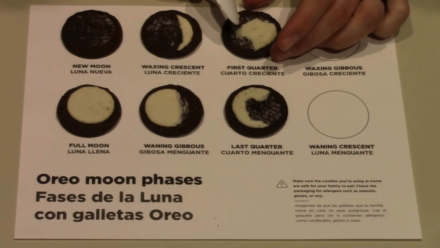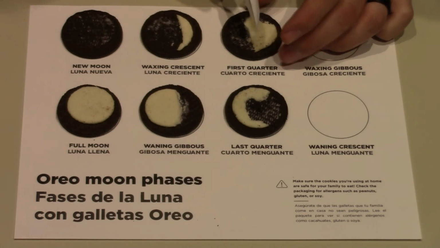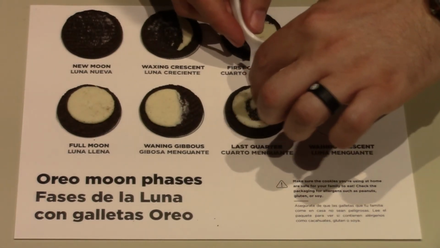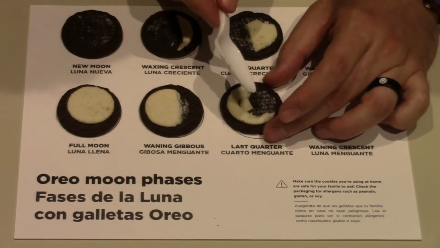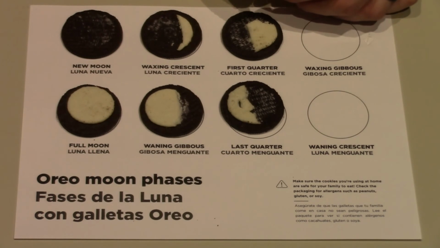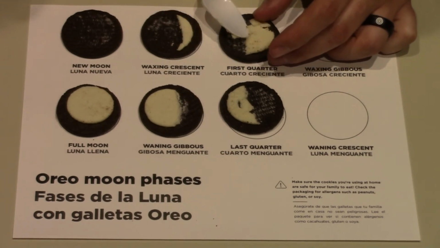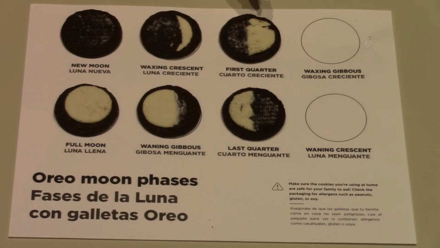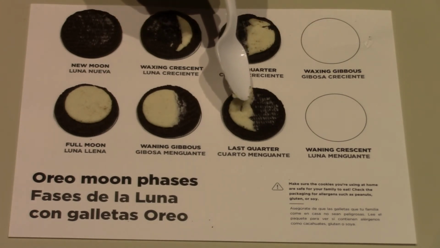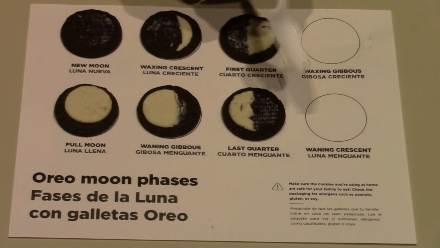So we're going to be a little bit careful here, and we're going to take this part off and try to put it over here, put it in the middle there, and then we'll take this part off of here and put it right over here. So now we have our right-sided half moon for the first quarter when it's waxing or getting bigger, and we have our left-sided half moon for the last quarter when it's waning or getting smaller.